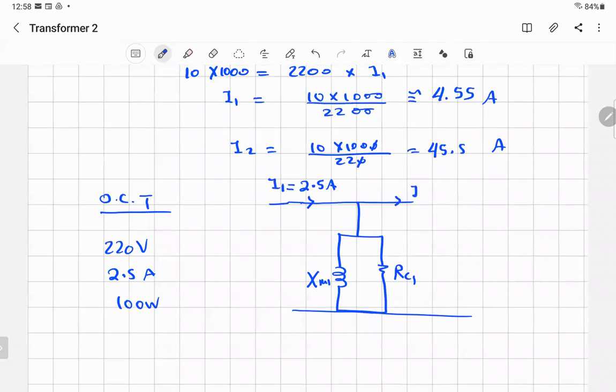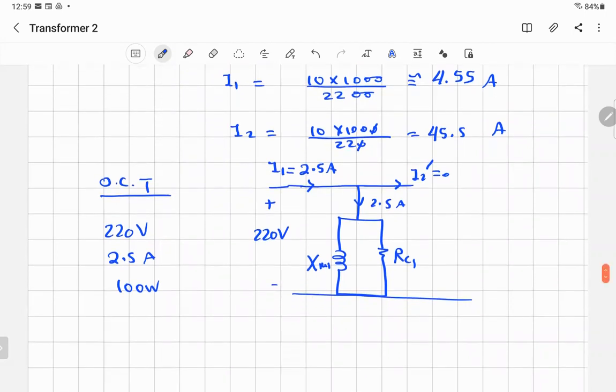And we know that I2 dash is equal to 0, as we explained. So all the current is the no load current, all of it going to the magnetization, and the voltage is 220 volts. I'm trying to translate what I measured and put it in my equivalent circuit so it will help me find the values of the parameters. Now, when you say 100 watts, is it related to RC1 or XM1?